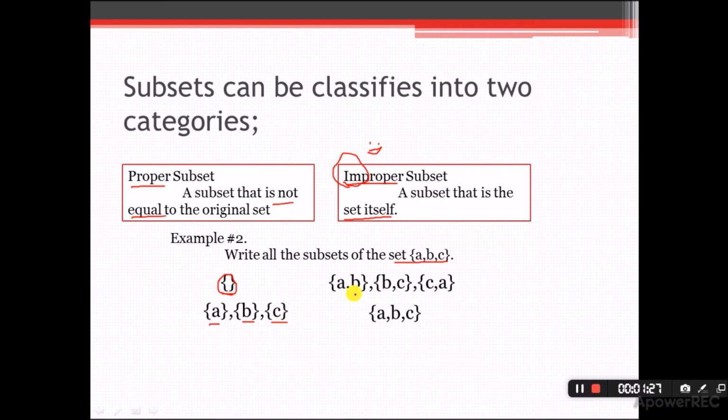The third one is also a proper subset because it's not equal to the original set. However, the last one is an improper subset of the set {A, B, C} because it's the set itself.